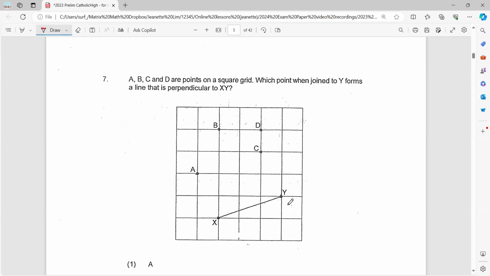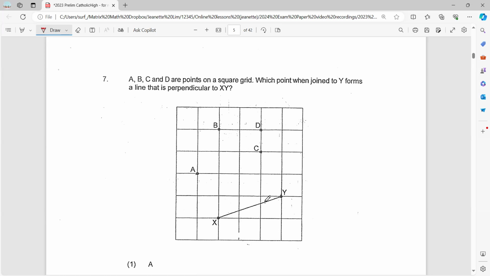We need to find another line that is cutting across 3 squares. So let's say I join Y to C, right? This is not perpendicular because it's cutting only across 2 squares. Okay? Not to B because it's too far away. It's cutting across 1 square, 1 square, 1 square.